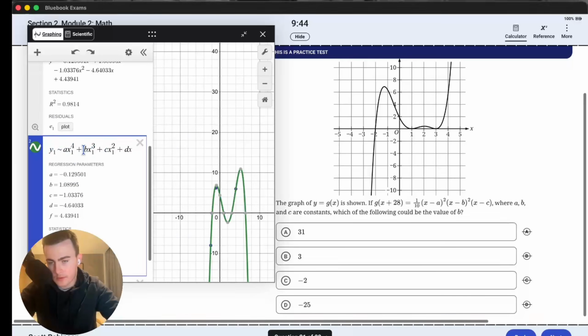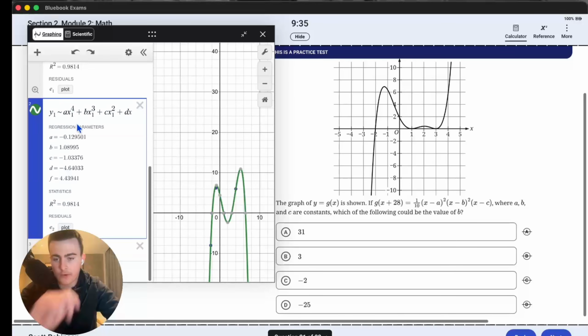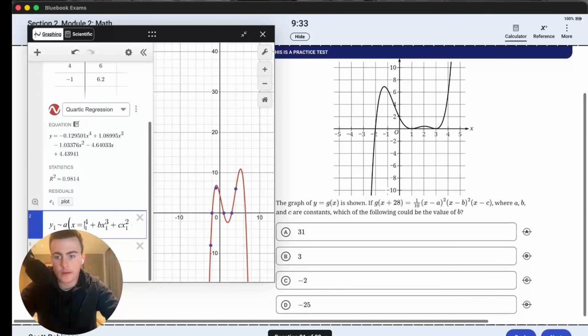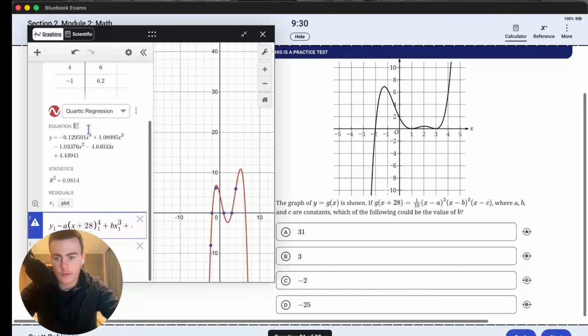Okay. So, yes, we have this. And then all I want to do is I'm going to change out the x's for x plus 28. I think this should be fine.